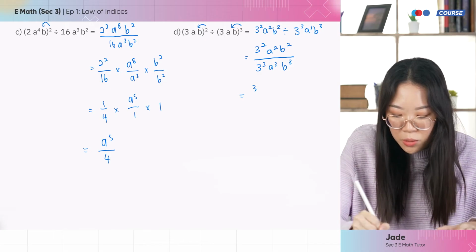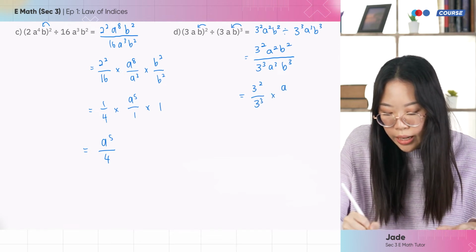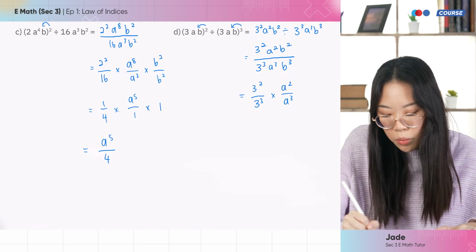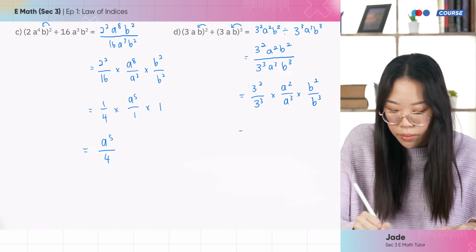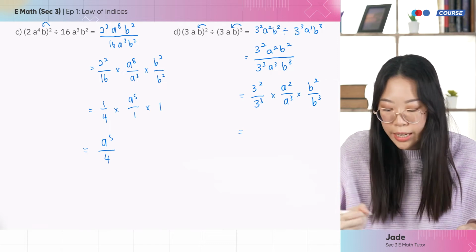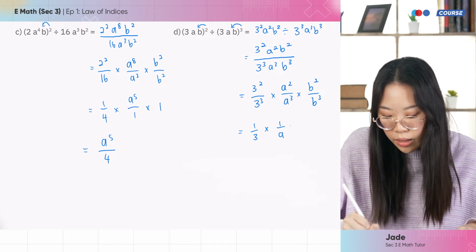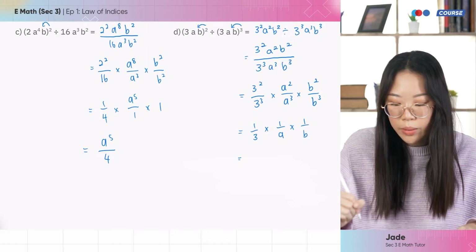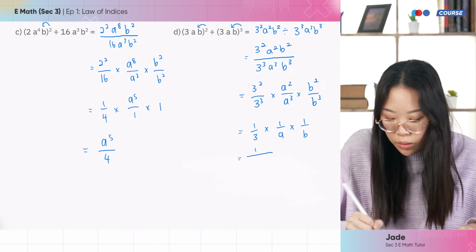So we have 3 squared divided by 3 cubed, followed by a squared over a cubed, and lastly b squared over b cubed. Now we can simplify, which will give us 1 over 3 times 1 over a and 1 over b. Next, we can combine all the numerators and all the fractions together. So we have 1 over 3ab.